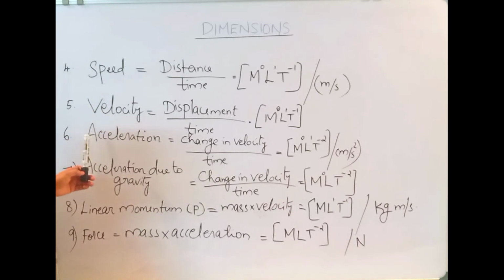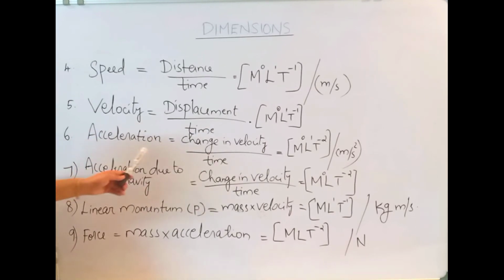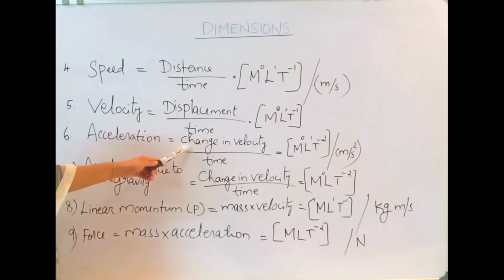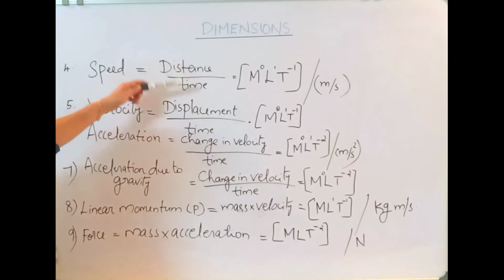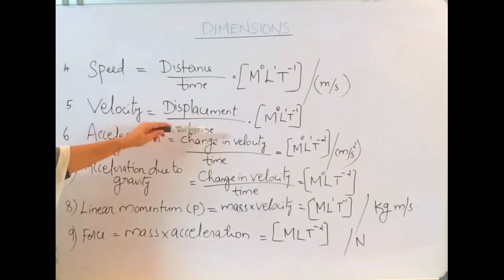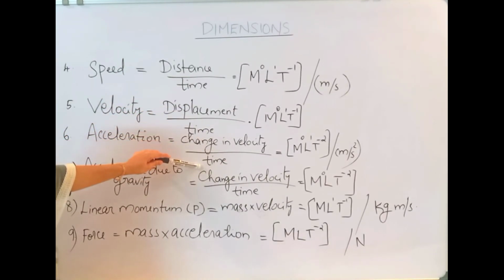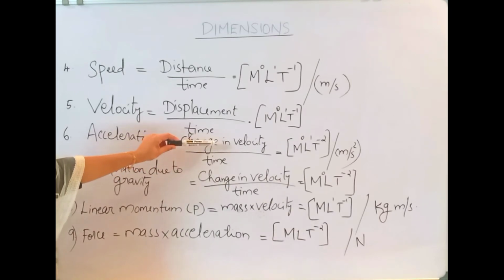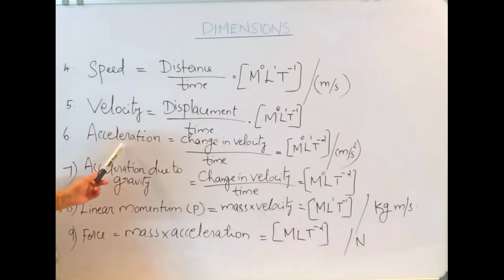Now we can move to the next quantity, that is acceleration. What is acceleration? That is change in velocity by time. Velocity we have already calculated, that is L T raised to minus 1, by time. So we will get M⁰ L T raised to minus 2, or we have the unit as meter per second square.